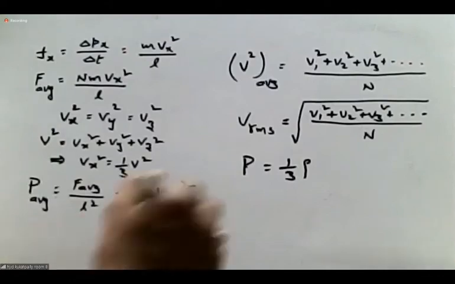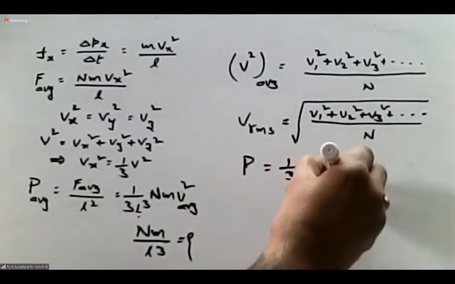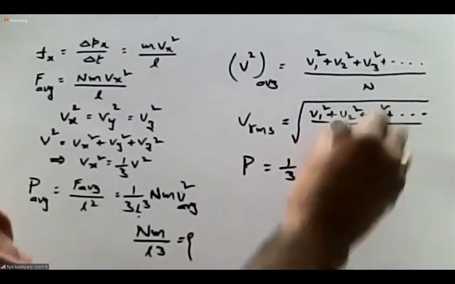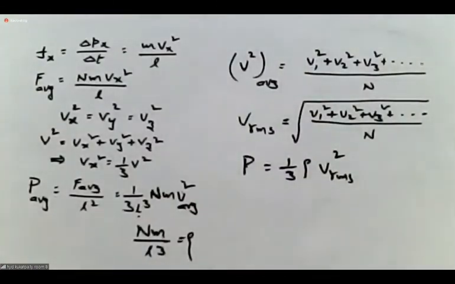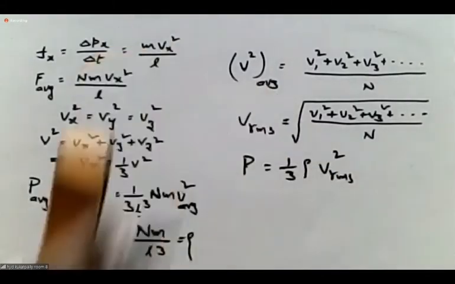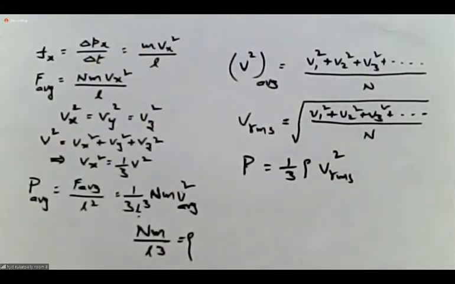V square average, I write as V RMS velocity square. Now what I made? V RMS square I made. Thus, the pressure of a gas is directly related to the RMS velocity of the gas molecule. Rho is the density.